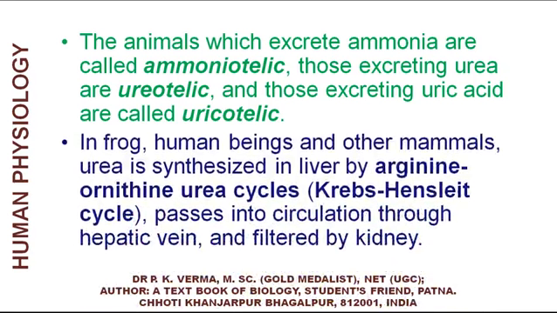They excrete allantoic acid. In frog, human beings and other mammals, urea is synthesized in the liver by the arginine-ornithine urea cycle or Krebs-Henseleit cycle. The urea passes from the liver into circulation through the hepatic vein and is filtered by the kidney.